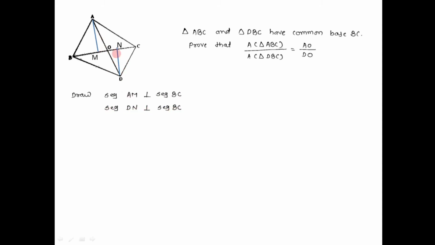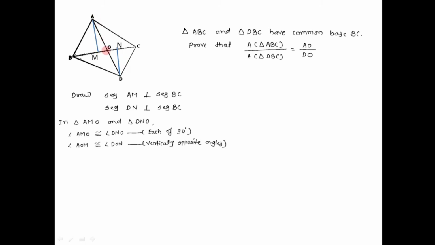Now due to these two constructions, we have got two triangles, triangle AMO and triangle DNO. We are going to try to show that these two triangles are similar. For these two triangles, angle AMO is congruent to angle DNO as each is 90 degrees, because we have constructed AM perpendicular to BC and DN perpendicular to BC.